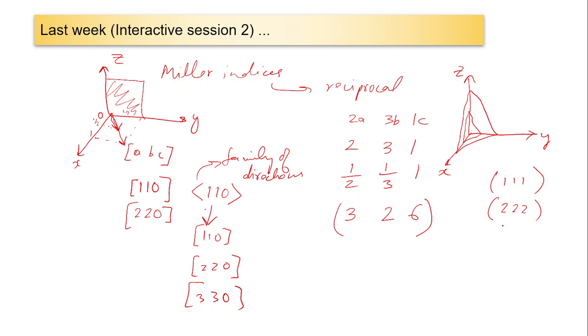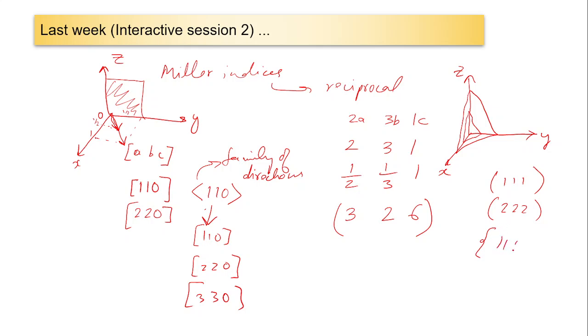Maybe the atoms are all the same. If they are identically the same, we can treat them together. Sometimes maybe the atoms on the 1 1 1 plane are not the same as the 2 2 2 plane, then we cannot call them the same. But if they are the same, then we can represent it like this with a curly bracket, or what we call braces.